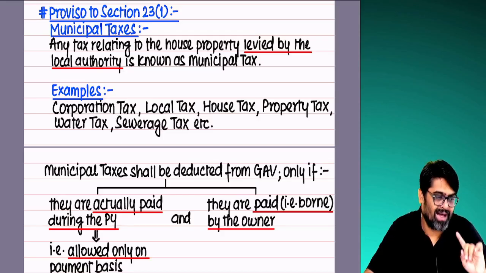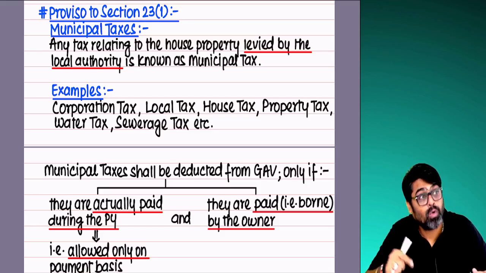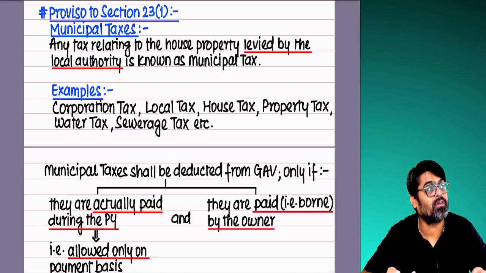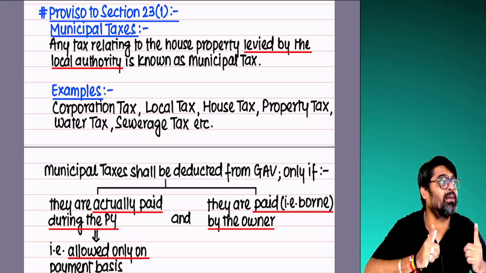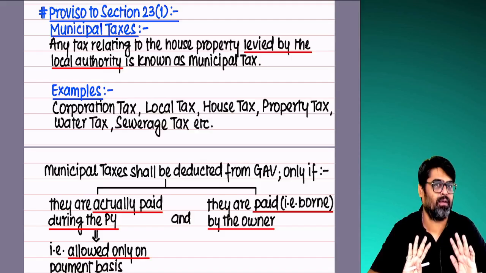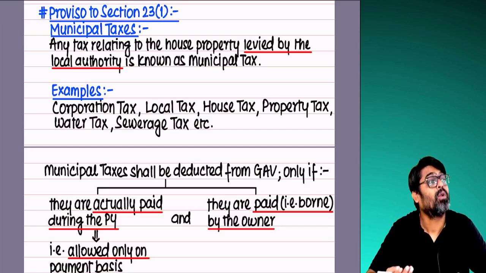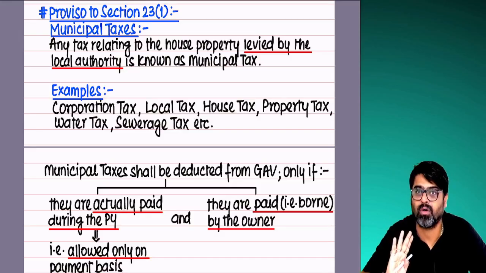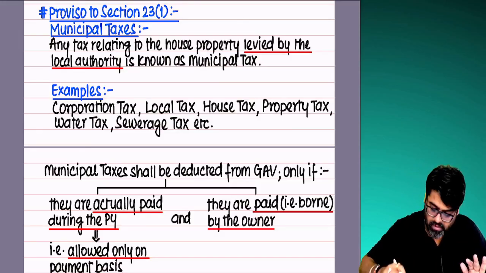Are you going to pay this tax on your property to the local authority or the state government? So this tax will not become municipal tax. You cannot take the deduction of those taxes which are charged by the state government. Only those taxes for your property which are charged by the local authority will be treated as municipal tax. Yes or no? You can take the deduction only for municipal tax. Hello? So pay attention.